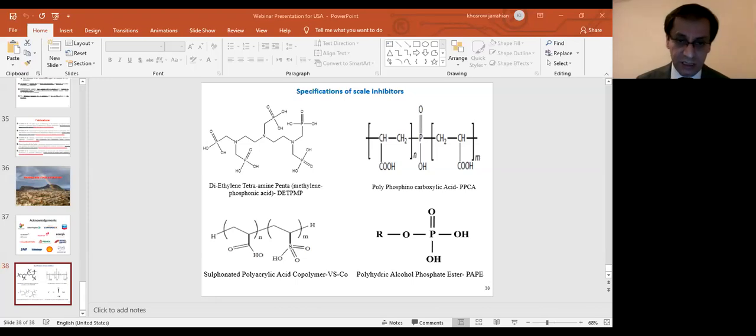Is it possible scale inhibitor decomposed as a phosphorus detected in EDX? I haven't looked at it, to be honest with you, and I don't have any idea about it. Probably yes, probably not, but this methodology has been repeated by some researchers, not only me, from our group.